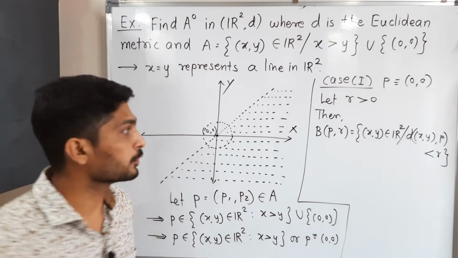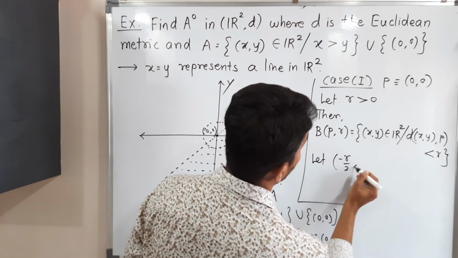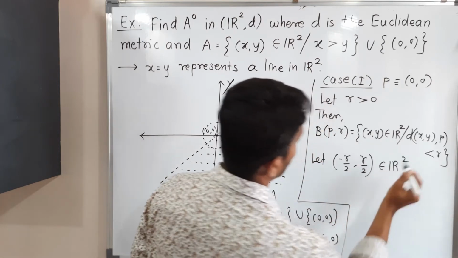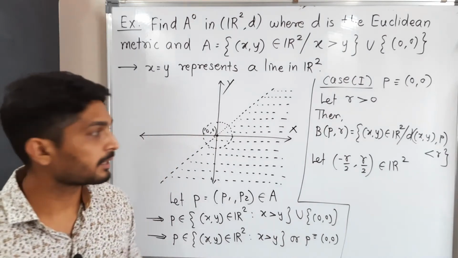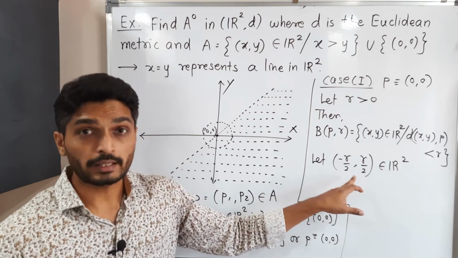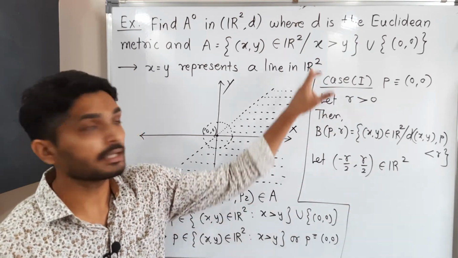So that point I am going to select. Let me take one point, minus r by 2, r by 2, belonging to R2. So this point I have selected, minus r by 2, r by 2.